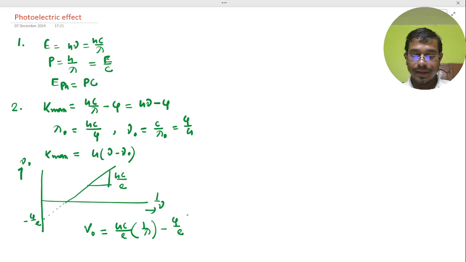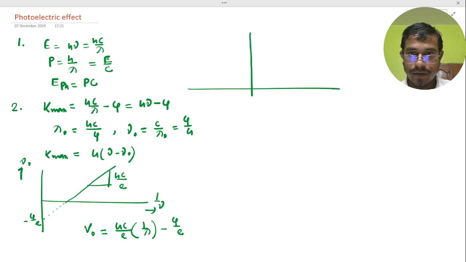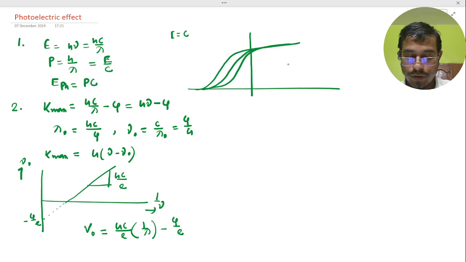Now we get the graph here for constant intensity. This is for the intensity constant, and the graph looks like this.